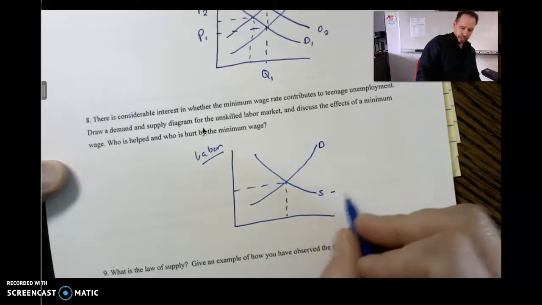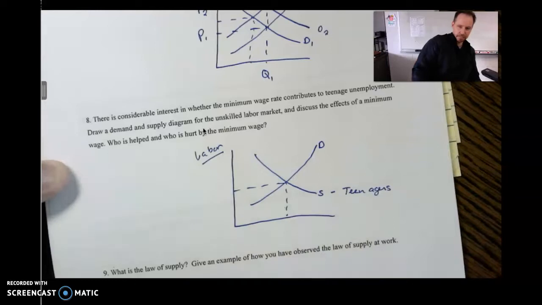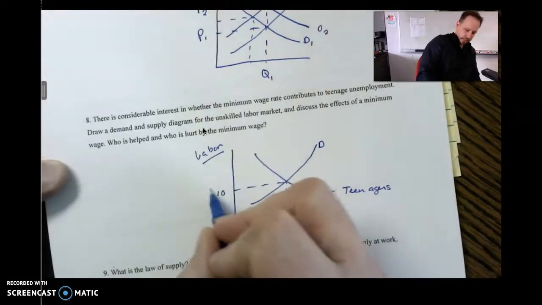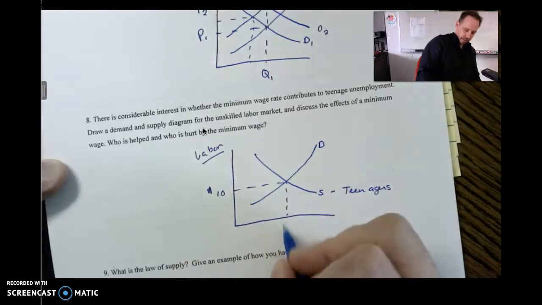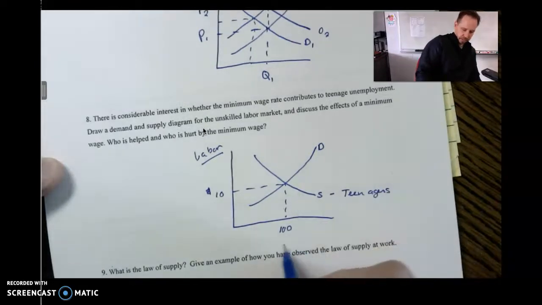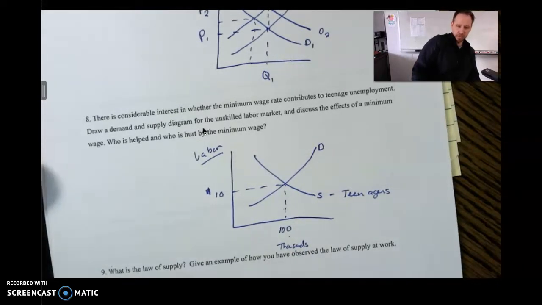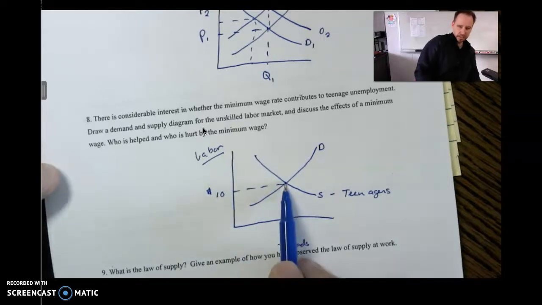In this case, the supplier is going to be teenagers looking for a job. That is who is willing to supply. So if you go here at 10 bucks an hour, maybe you have 100, and we'll put this in terms of thousands, 100,000 hours that teenagers in a given market are willing to work at $10 an hour.